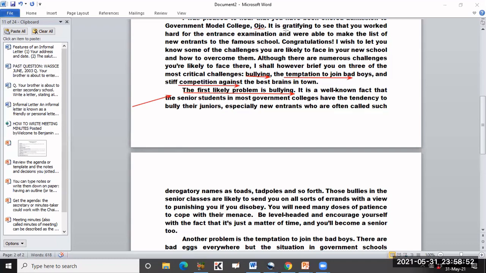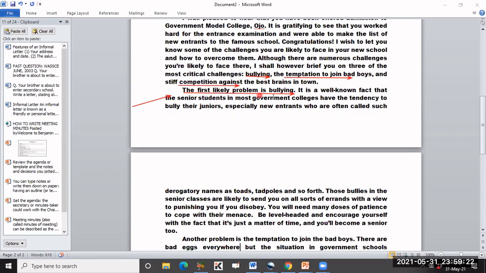This is our topic sentence. The first likely problem is bullying. Of course, you may start with a connective. You can say first, or you can say to start with, you are likely to face the problem of bullying, but it is acceptable. We are starting with this simple sentence.